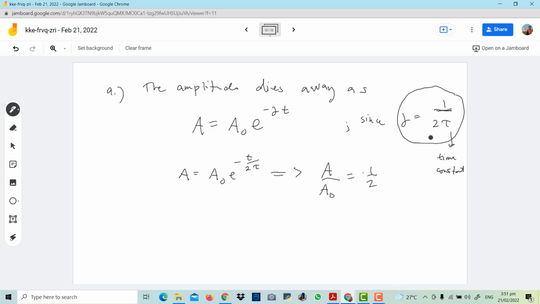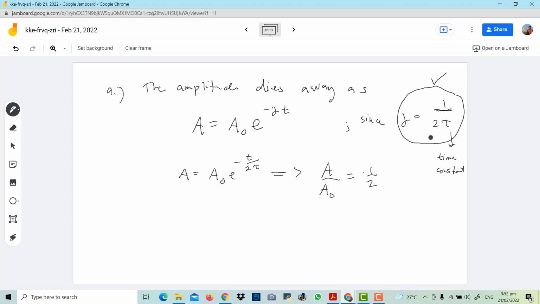Okay? So it's just a change of variable, a change of variable in terms of some characteristic time tau. Okay? So that is the definition of gamma.